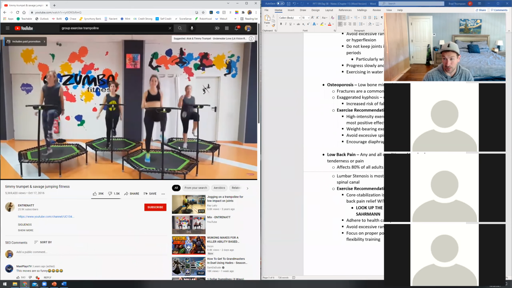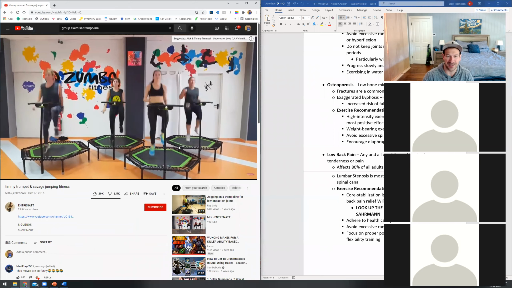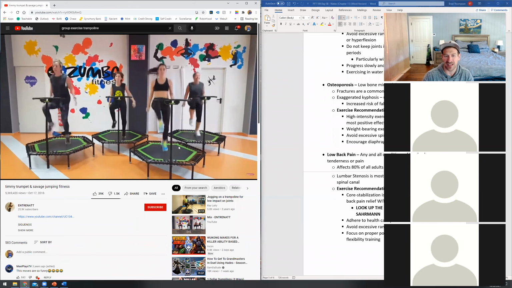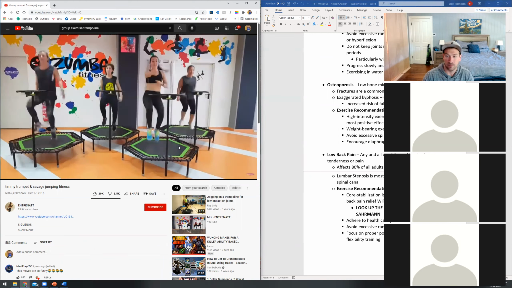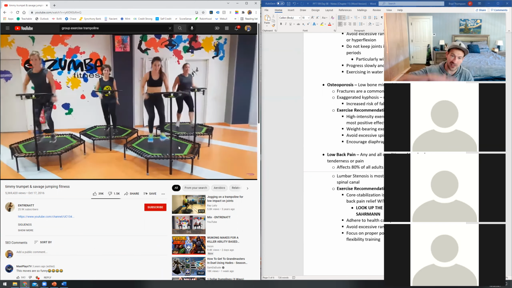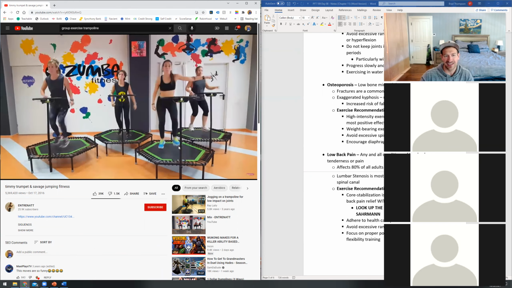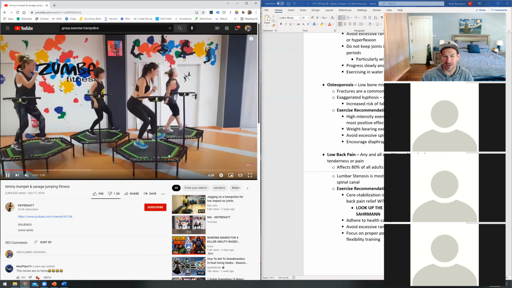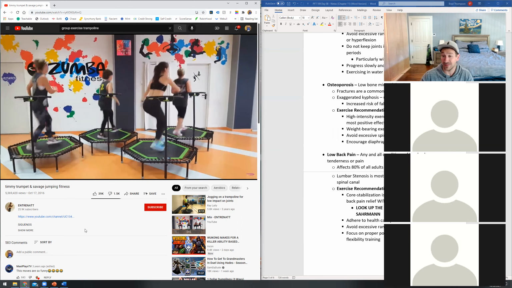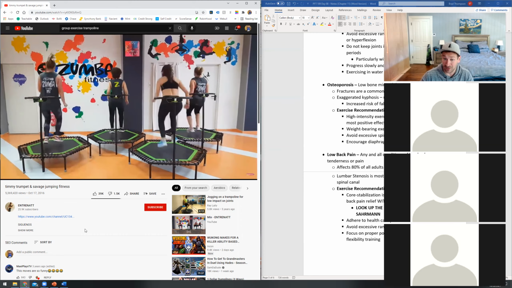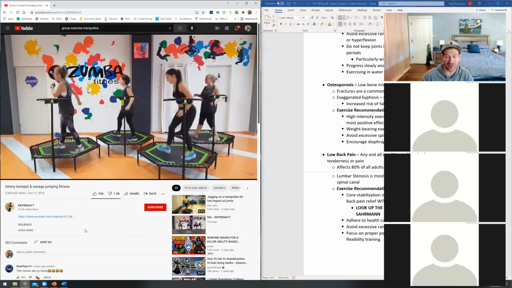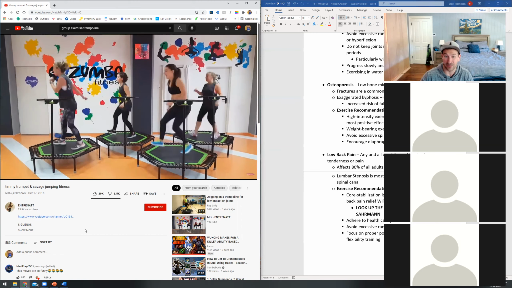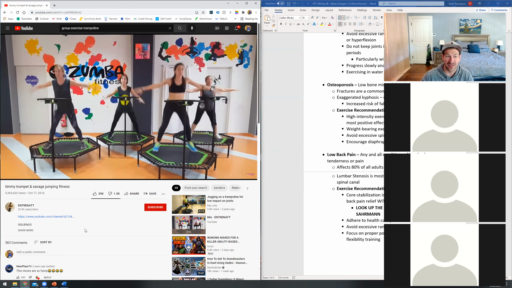This has also been shown to have really positive benefits on bone density. It's relatively low impact, but it is kind of jerking against gravity. I know it looks goofy, but it's great cardio. It's very fun for a lot of people, and it looks like a lot of fun. Yeah, right. It can be a really good way to improve bone density.